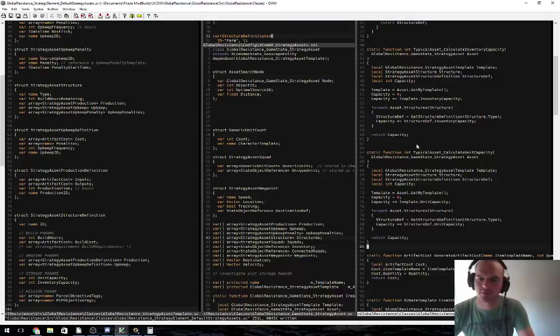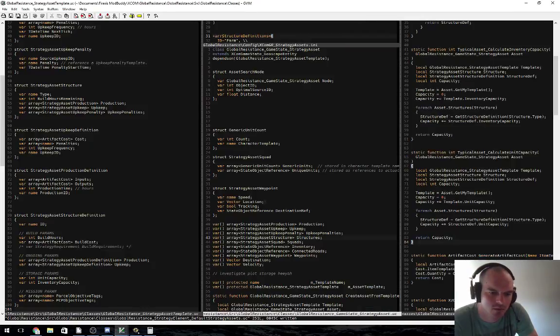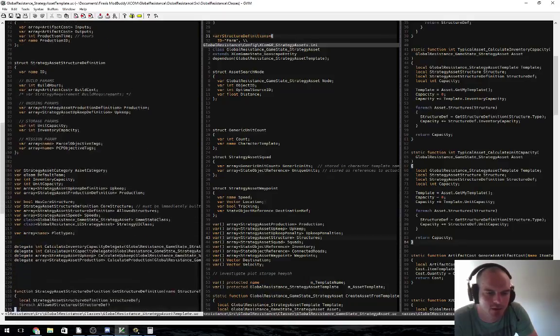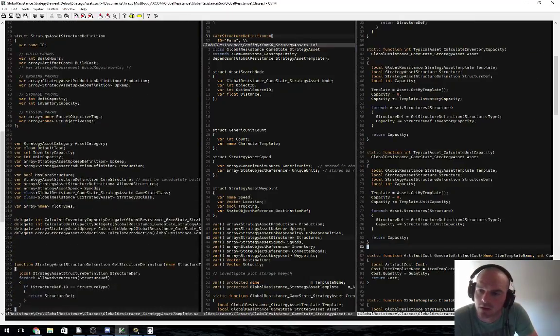What am I doing? I'm on the wrong screen. Okay, calculate unit capacity. Okay, that's all good. Alright, so before I go to something more complicated, I'm going to test whether this in fact works.